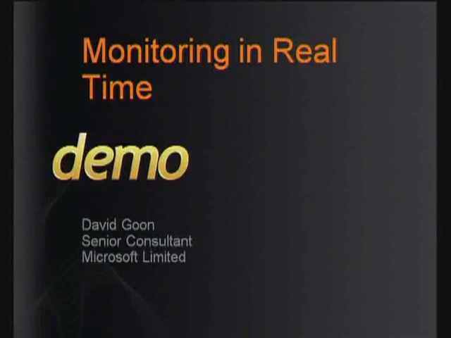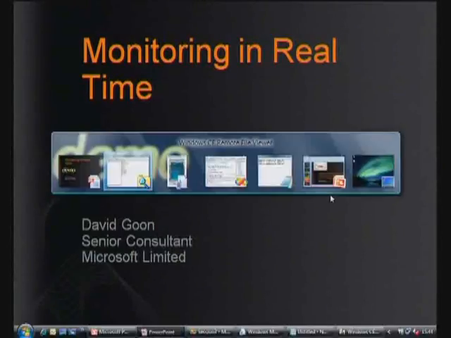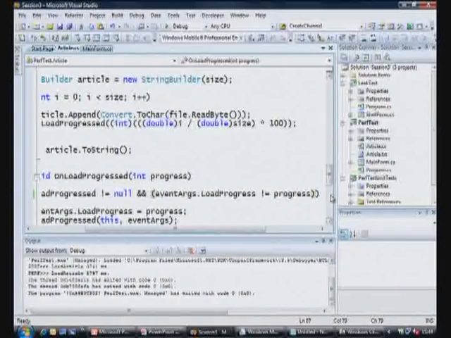The other restriction that I failed to mention is that with Remote Performance Monitor, you actually need to have a physical device. It does not work with normal emulators. So this is the only time I'm going to actually plug in a physical device.